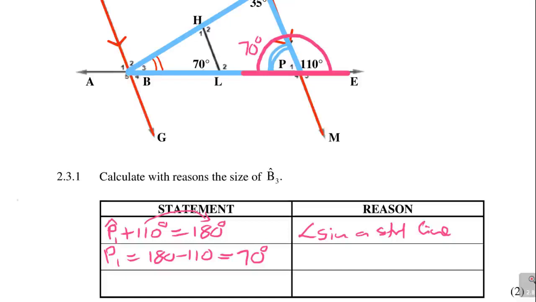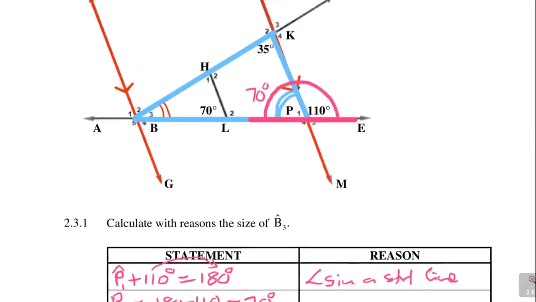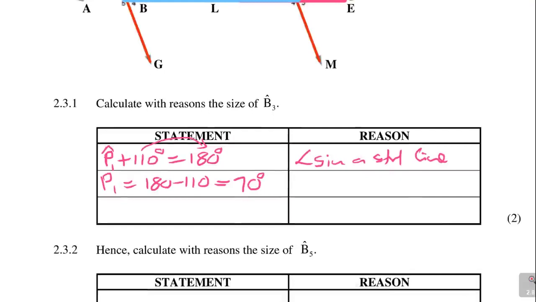Are you with me? And then lastly, let's take it back to the triangle. If I add 35 plus 70 plus B3, these are the sum of angles in a triangle. I must get 180.